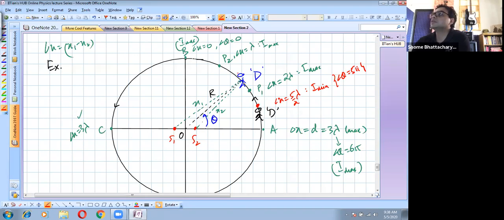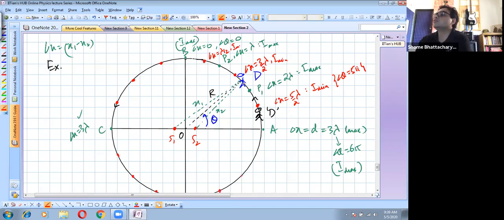Similarly, you get another position here where delta x is 3 by 2 lambda, so you get a minimum. And another position here where delta x is lambda by 2, so again a minimum. Like that, there are three positions here where you get minimum, three positions here, and three positions here.